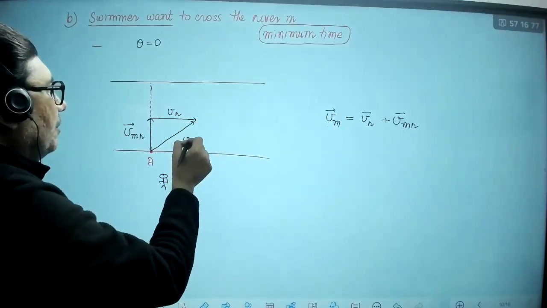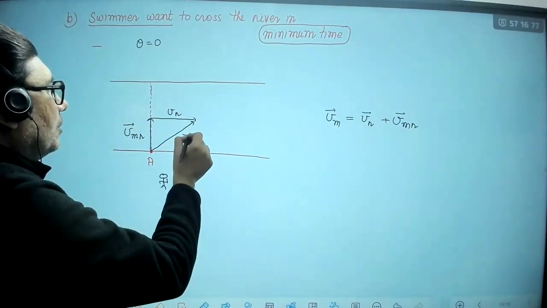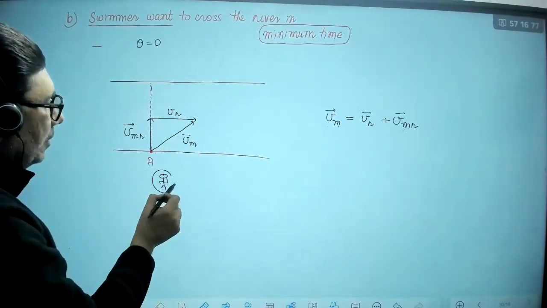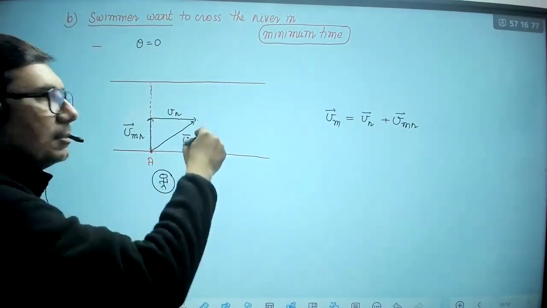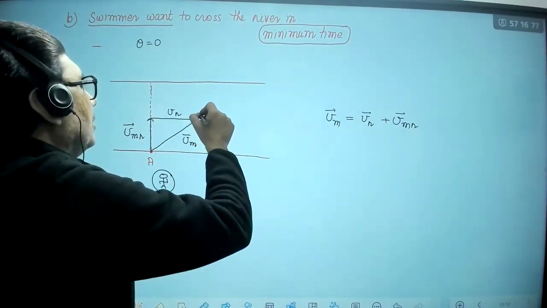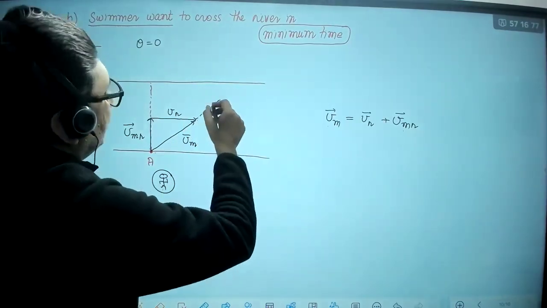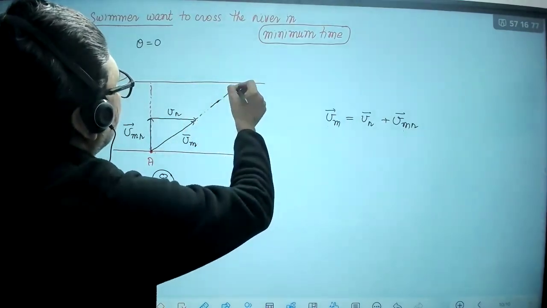This will be VM. From the earth, the observer will observe that the swimmer is moving in this direction. And where will this person reach on the opposite bank? He will reach somewhere here.